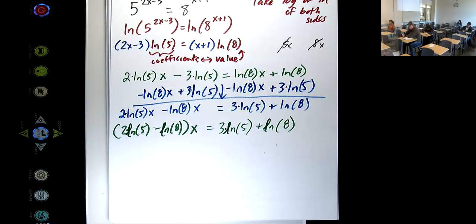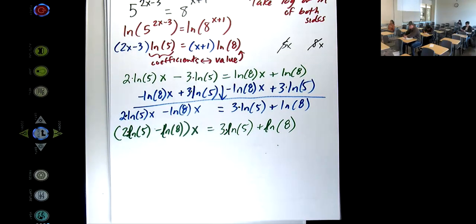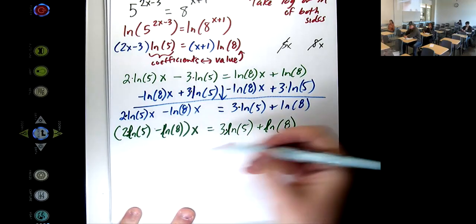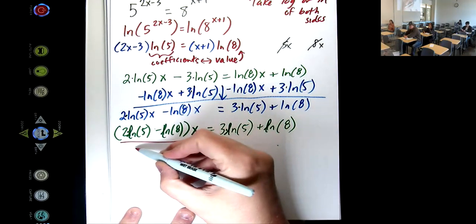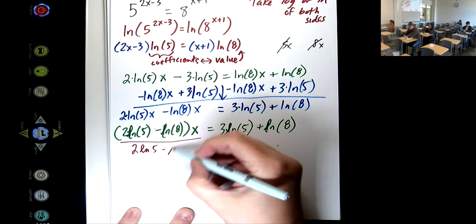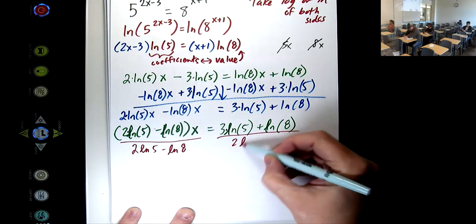All right, so to finish this off, this is just a number times x. So we would divide by that number normally. If this was like 3x, we would divide by 3. Well, instead, we'll just divide by this crappy looking thing. Oh, that works a lot better.